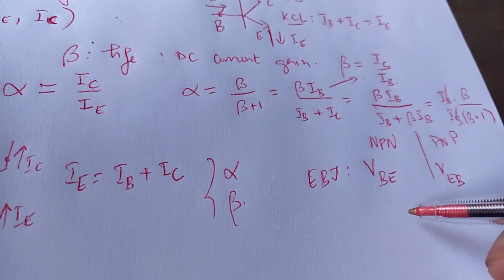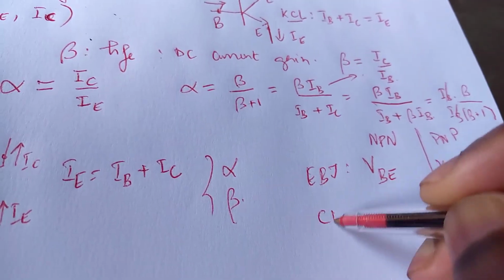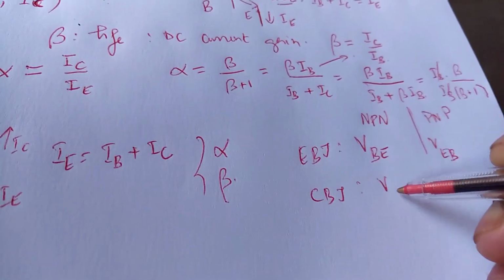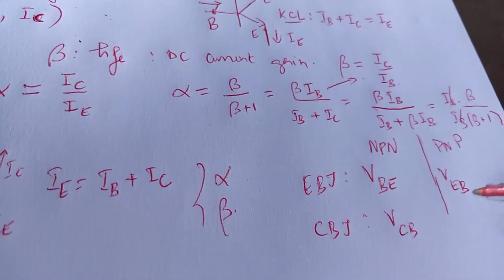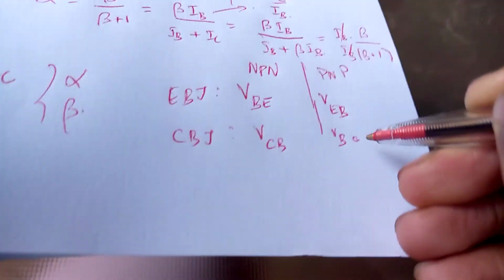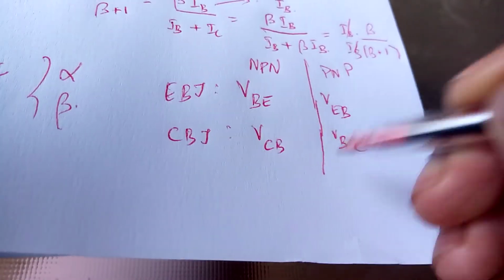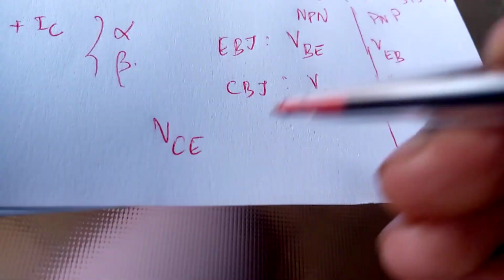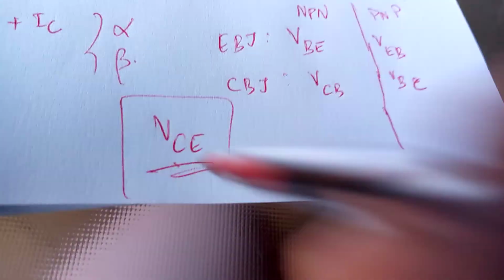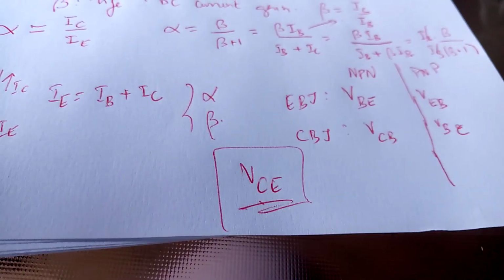On the CBJ junction we have VCB, which is VBC for a PNP. At the same time, we also have a very important characteristic voltage of a transistor, which is VCE, that we're going to analyze soon. We're going to carry on just now.